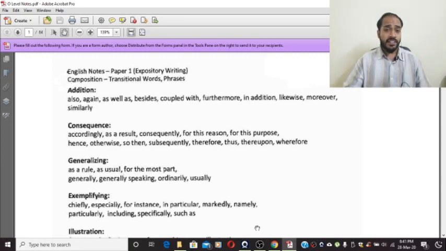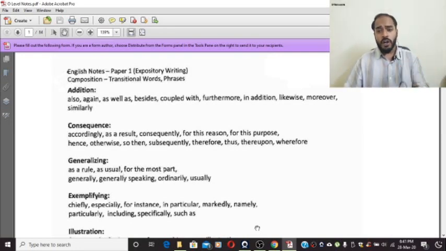The first word is addition. Over here, addition means to give an extra word. So what you're doing is that you have two different sentences and you want to join them together. So you use certain phrases, such transitional words. Other than using addition, maybe once you have used addition, in the next sentence where you want to join two more sentences together, you can use also, you can use again, you can use as well as, you can use besides, you can use coupled with.